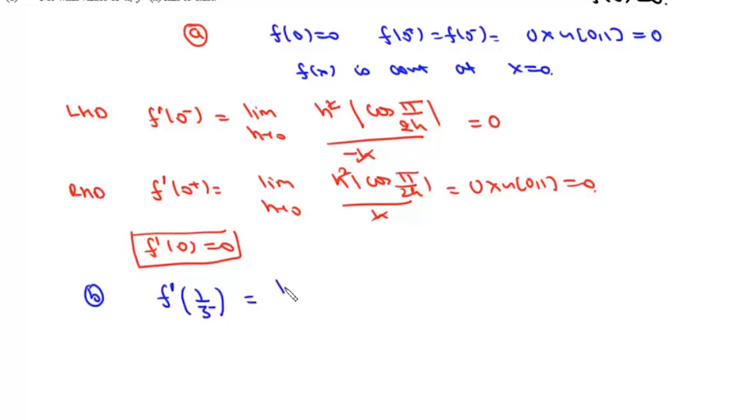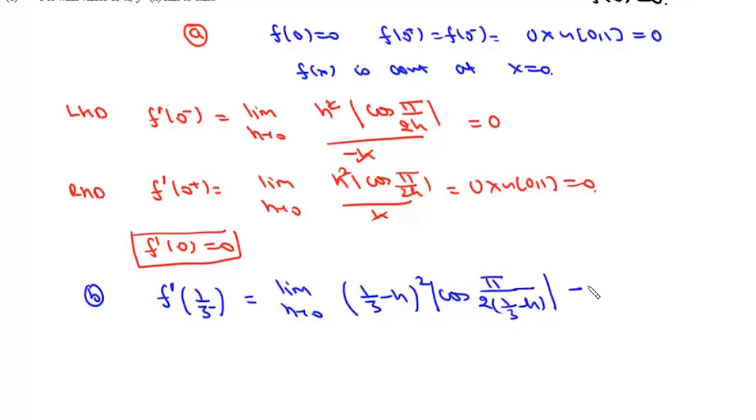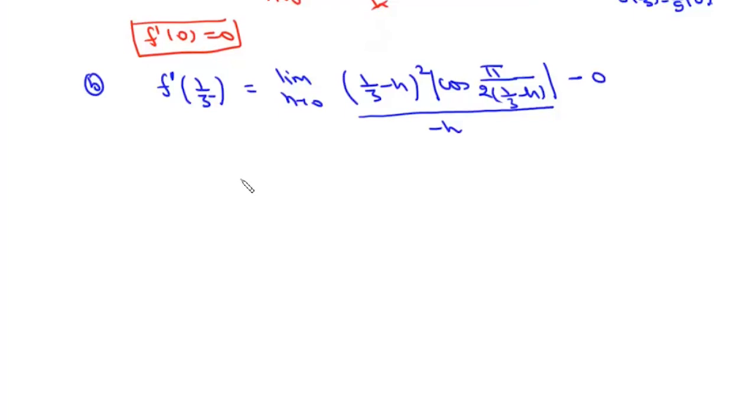Now it will be this limit h tends to 0, and here will be (1/3 minus h) whole square into mod cos(pi upon 2 into (1/3 minus h)) minus f(1/3). Now f(1/3) will be x square, which is 1 by 9 into mod cos(3 pi by 2), and mod cos(3 pi by 2) is 0. So this is 0, divided by minus h.